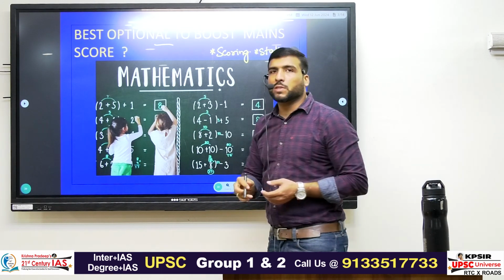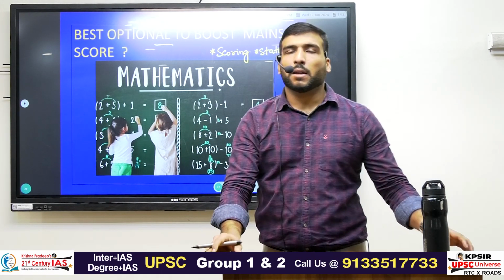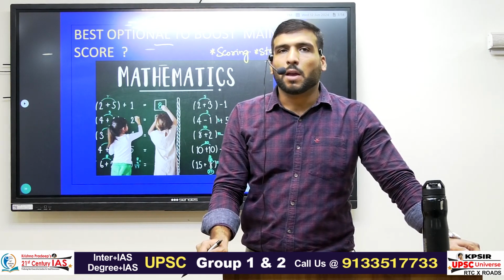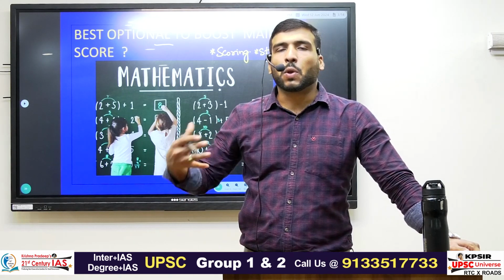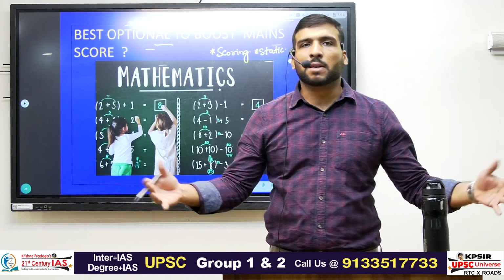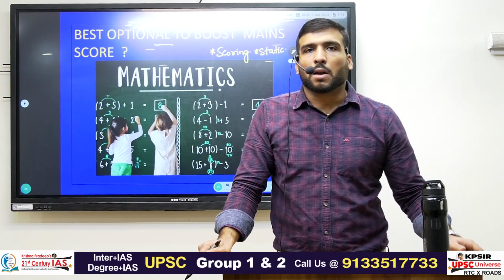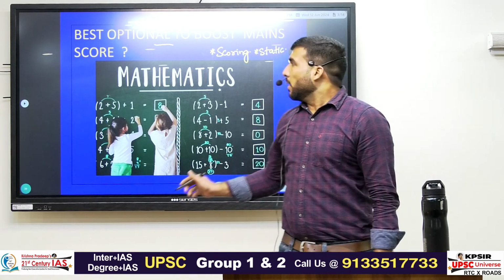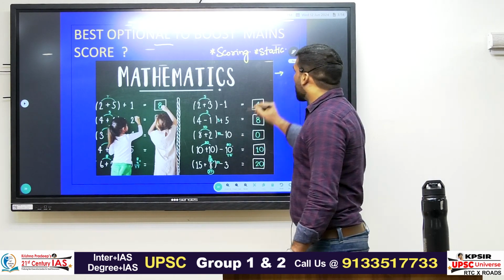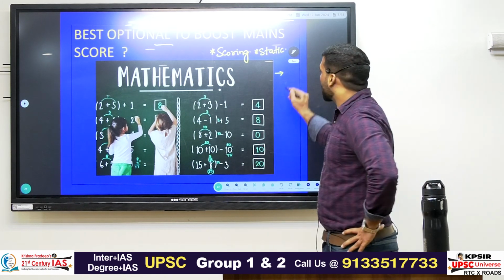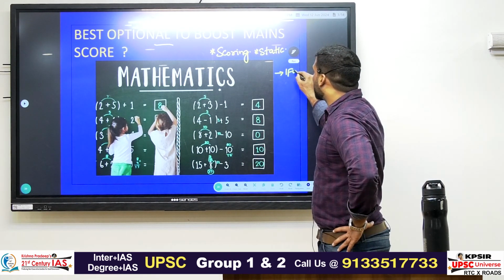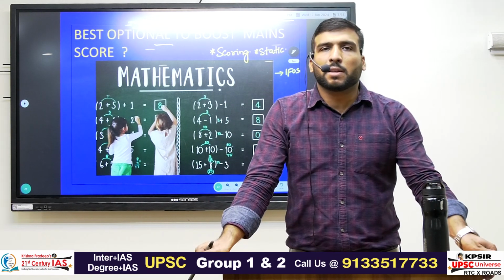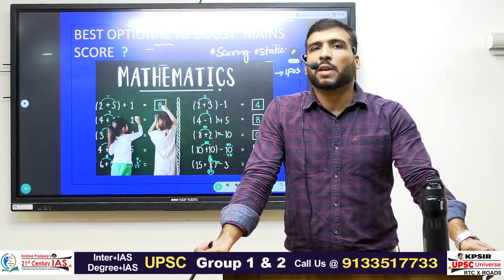Static in the sense that once you have done with the syllabus, it is very easy for you to revise the topics, because there is no dynamic portion or current affairs that you have to learn in maths optional. And another important reason to choose maths optional is that in the Indian Forest Service, maths optional plays a key role. So these are the main things that you have to learn by choosing a maths optional.